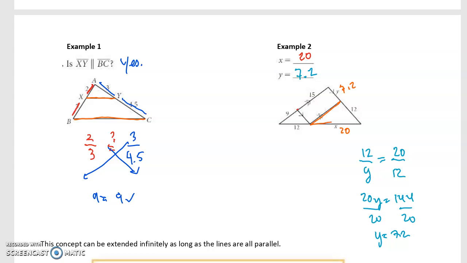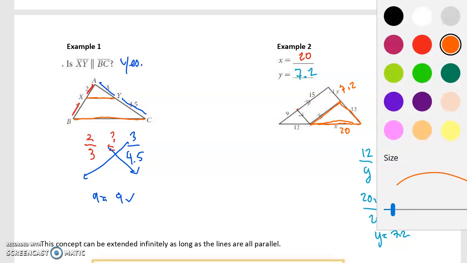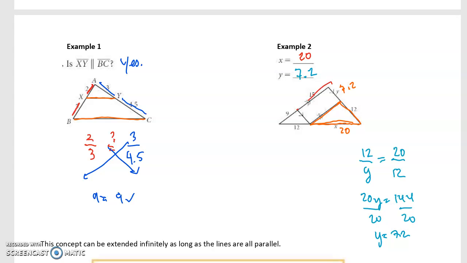So this triangle here is similar to the larger triangle here. So if you wanted, you could look at some of the ratios. This little triangle is 20 over the larger triangle's length, which would be 32. Is that equal to 12 over the larger triangle? So 12 plus 7.2 is 19.2.